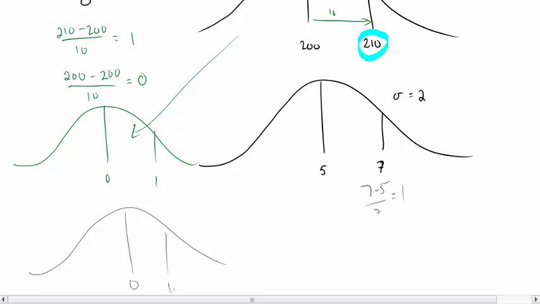And these standardized normal distributions look identical because I'm using these standard scores. These z-scores allow us to compare data from data sets that are slightly different, that have a different mean and a different standard deviation. Turning them into z-scores makes them comparable. That's something to remember.